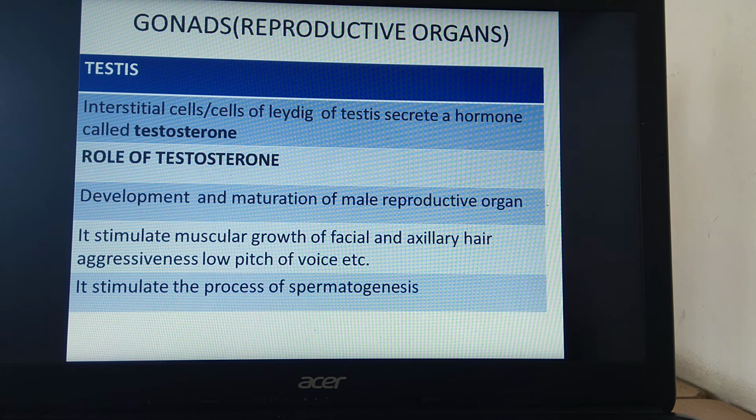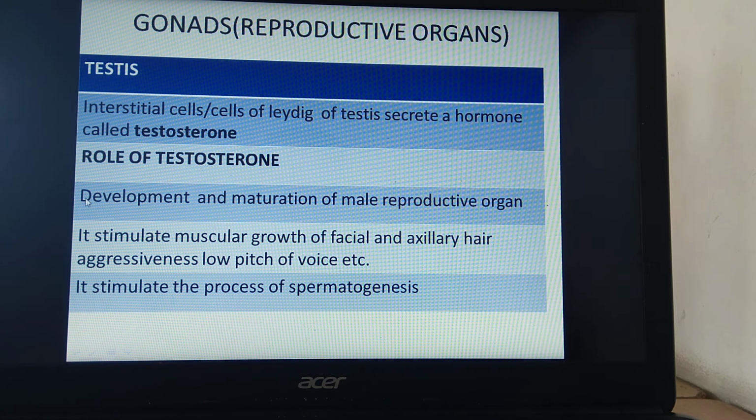The testes consist of interstitial cells which are also called cells of Leydig. And these cells of Leydig, or interstitial cells, secrete one of the hormones which is called testosterone. What is the function of this testosterone? It brings about development and maturation of male reproductive organs.